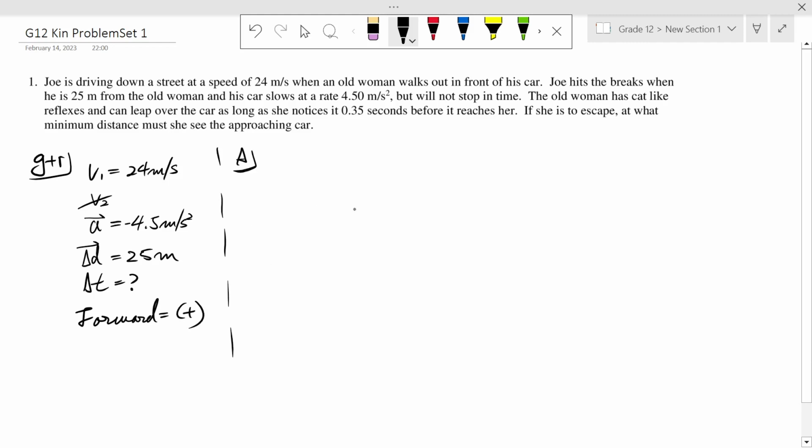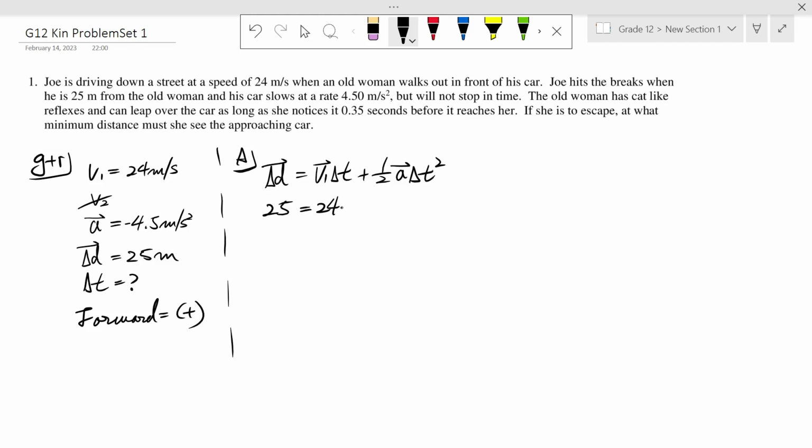Now analysis. We know we're going to use this kinematic equation: delta D equals V1 T plus half A T squared. Then we know 25 meters is the displacement.